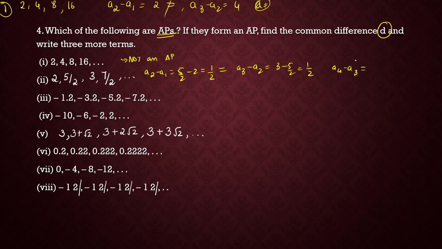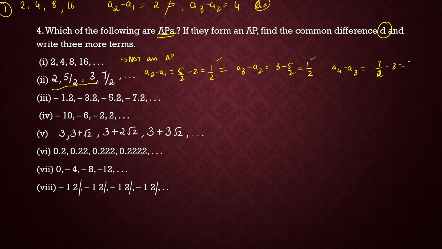You will have to check. Sometimes they will make some mistakes there. They'll change the value there, and few of them will just check the first three terms. They'll not check whether the common difference is same in A4 minus A3, and they'll lose the mark because they'll give the same value here, but for the third case they'll change the value. So 7 by 2 minus 3.